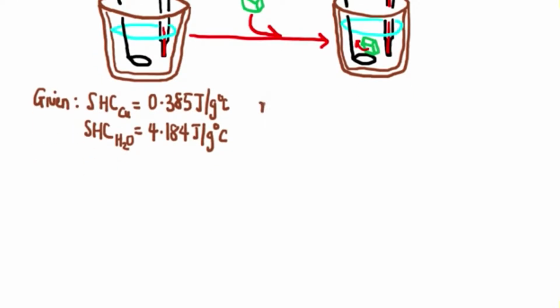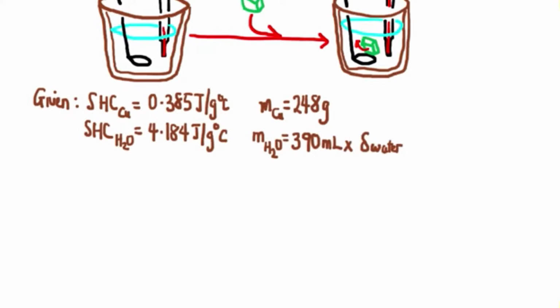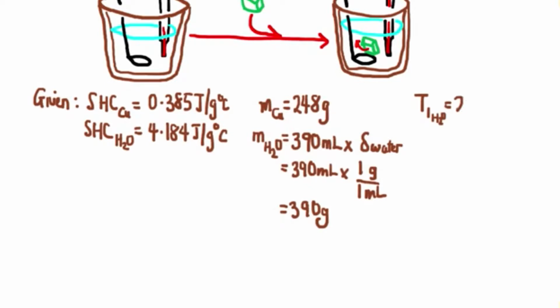Then we have the givens in the question: the mass of copper, the mass of water, the final temperature of water at 39.9 degrees Celsius, and the initial temperature of water at 22.6 degrees Celsius.